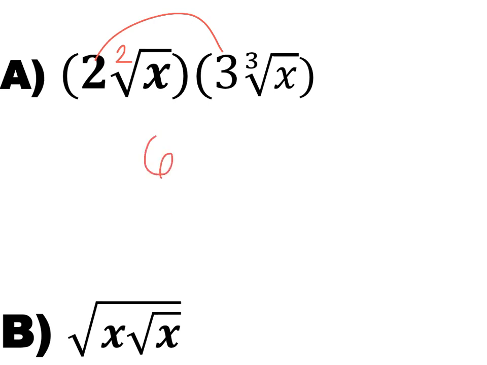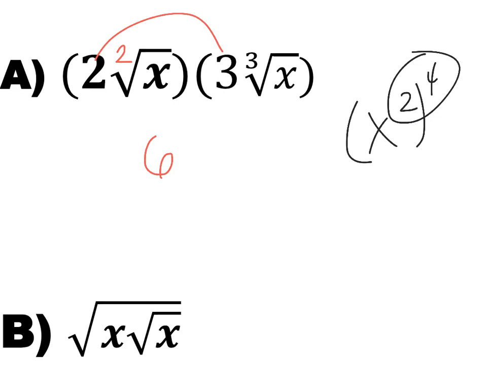And then what did that sheet tell me to do if I was multiplying a root to a root? If I had a power raised to a power, what would I do to the exponents? If I had x squared to the 4th, what would I do with these two numbers? Multiply them. So if I have a root to a root, what do I do? Multiply.